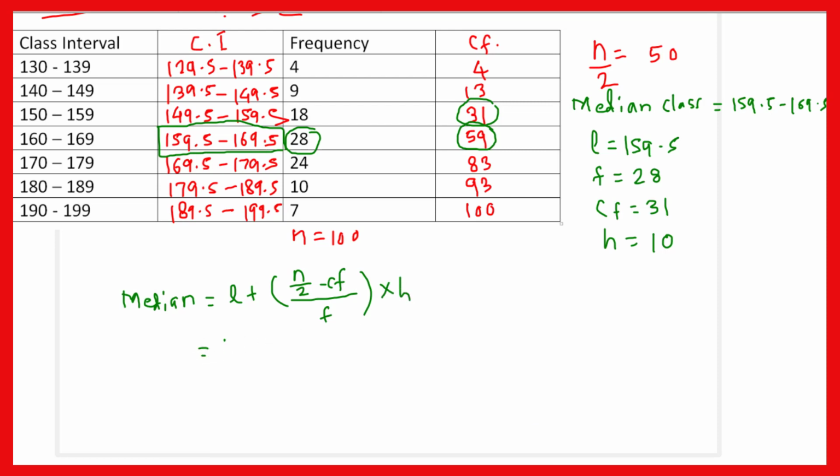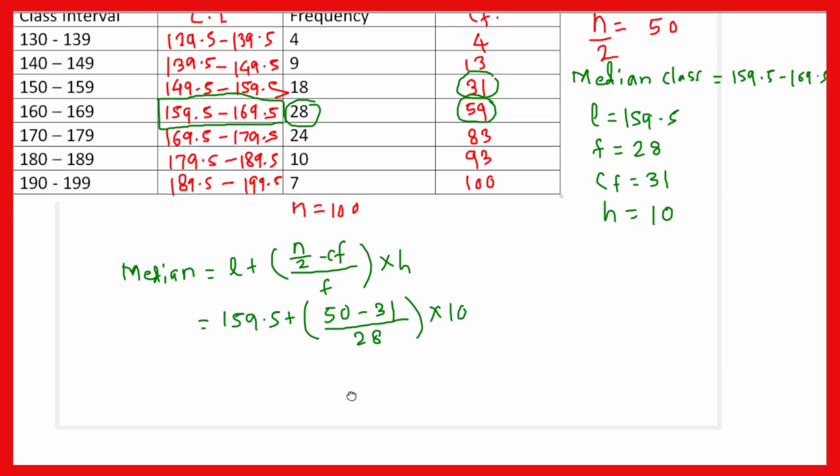L is 159.5 plus, into bracket, n by 2 that we have got as 50. So 50 minus cumulative frequency, that is 31. So it is 31 upon frequency 28, multiplied by h, that is height, and that height is 10.